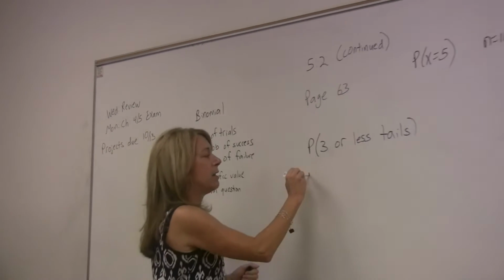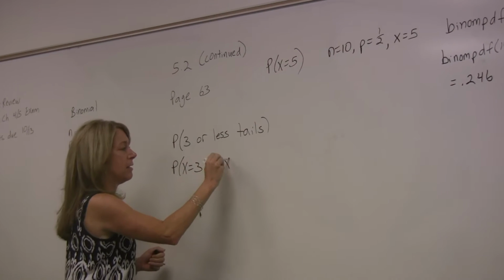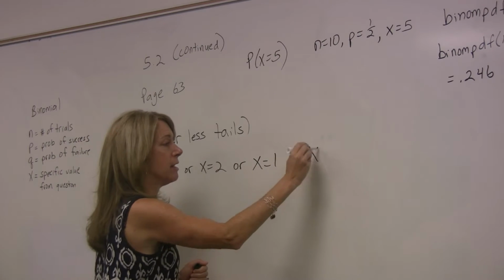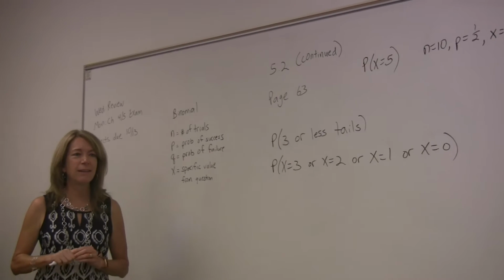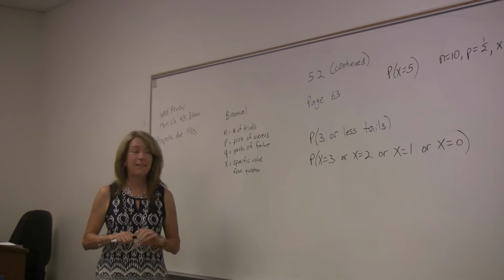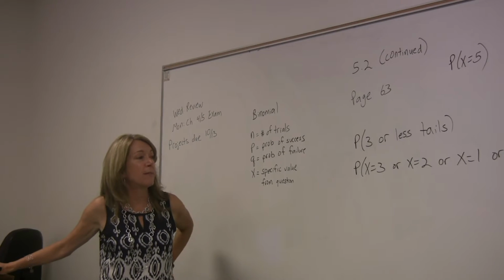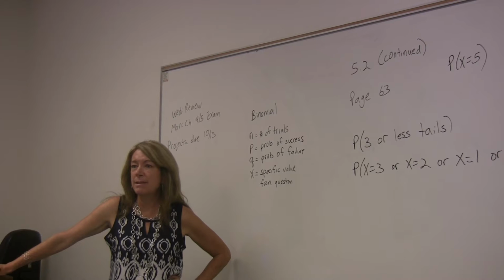So this is really the probability that x equals 3, or x equals 2, or x equals 1, or x equals 0. Did I write these in reverse order last time, from 0 up to 3? I just wanted to make sure, because we left in the middle of that problem. Okay, that's what it means to get 3 or less.